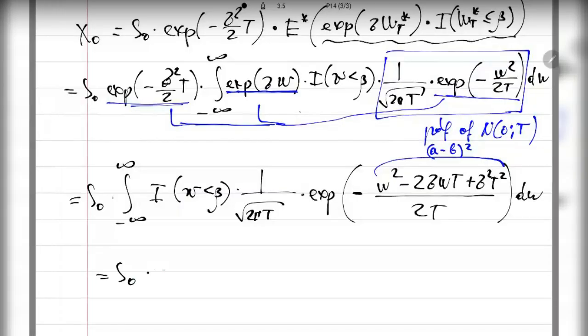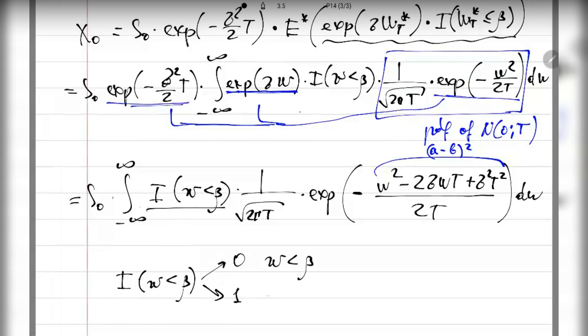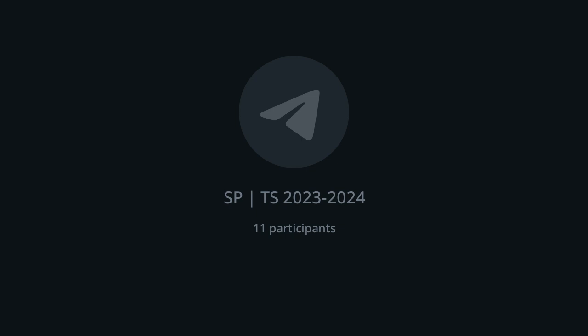So it is S0 times the integral from minus infinity to plus infinity. By the way, let's simplify the indicator. The indicator of W less than beta is a very simple function. It is 1 if W is less than beta, and it's 0 if W is not less than beta.